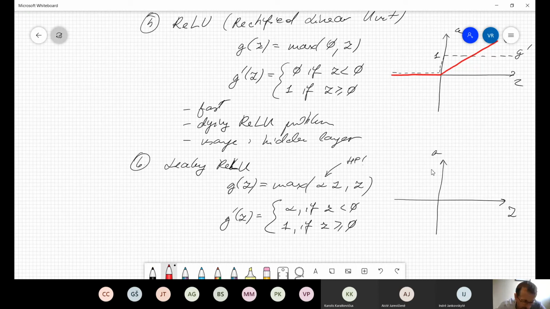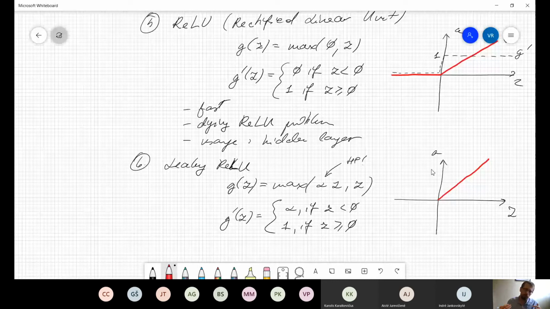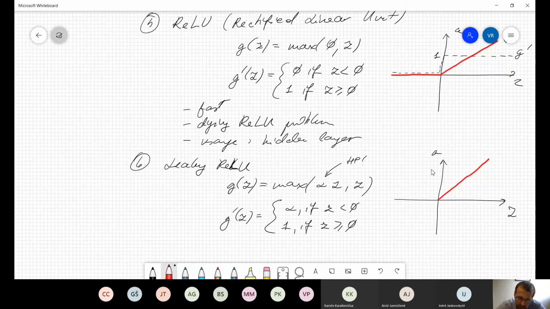Okay, so now for this activation we have a situation like this: we have the same linear output. Whatever is being accumulated, being summed up, if it is on the positive side, it's returned as is. So this acts, for instance, like linear regression on the positive side.